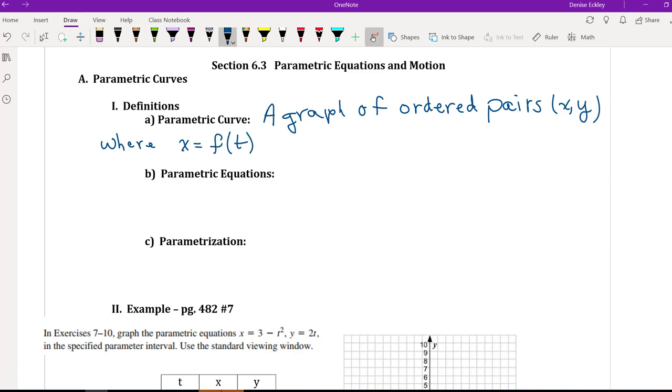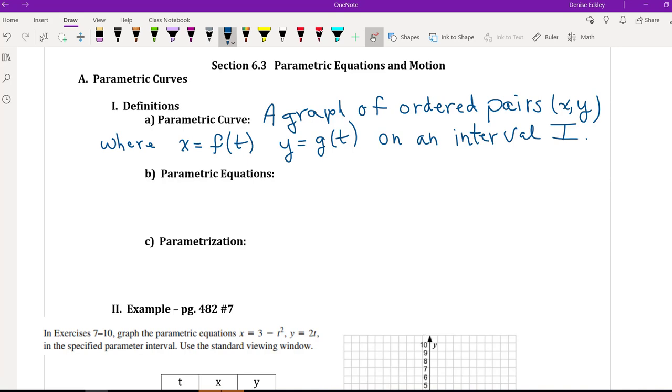So where x equals f of t and y equals g of t, and it's on an interval. It's possible that t is not defined for every value, so we'll restrict the interval sometimes.